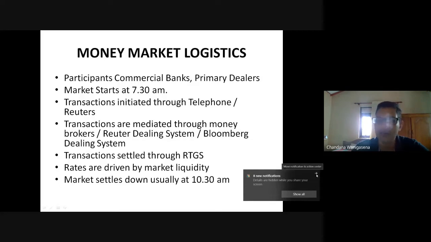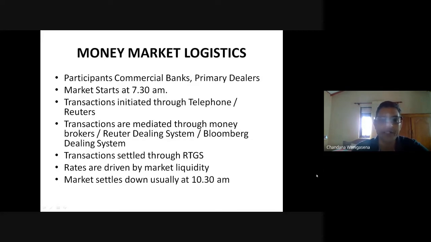All this communication happens through Reuters dealing systems and Bloomberg dealing systems. The big transactions are done through RTGS, real-time gross settlement systems, right? We will briefly discuss the payment systems of the bank also today.